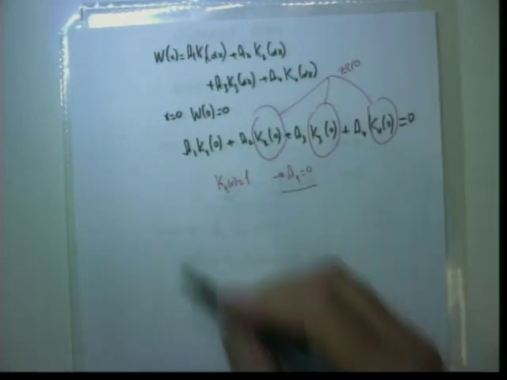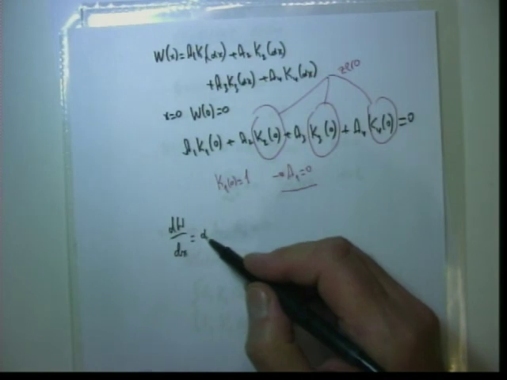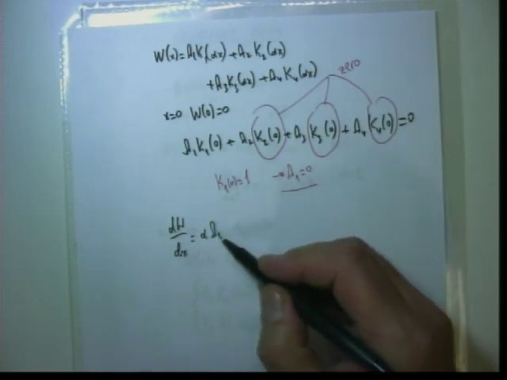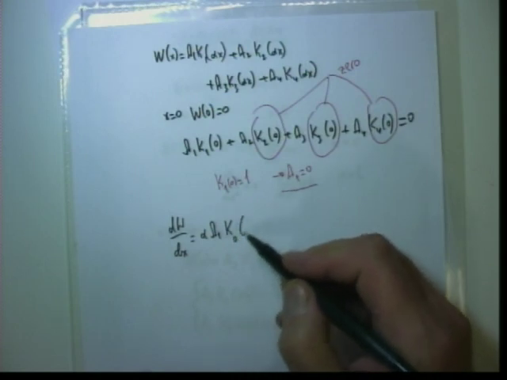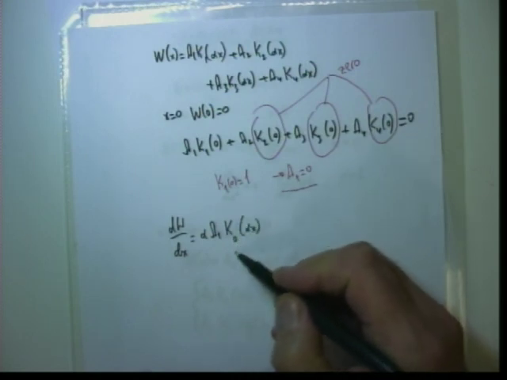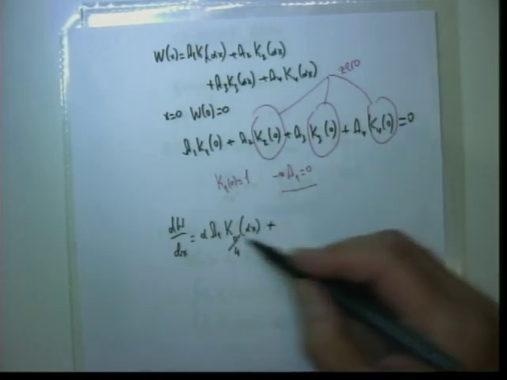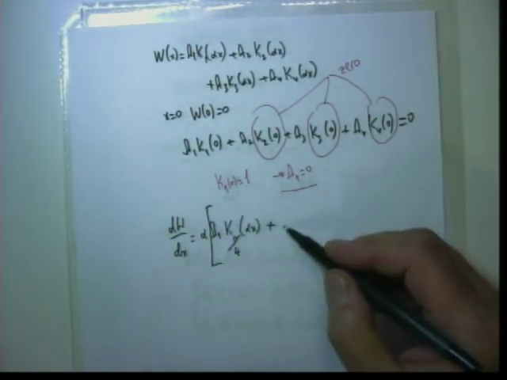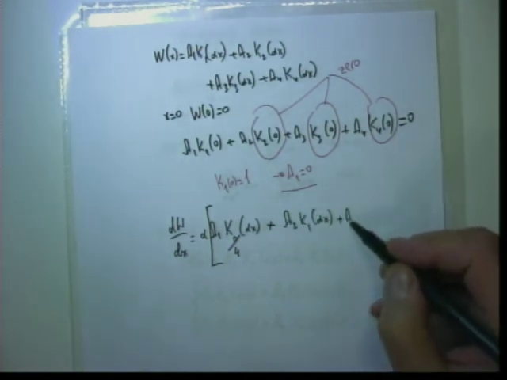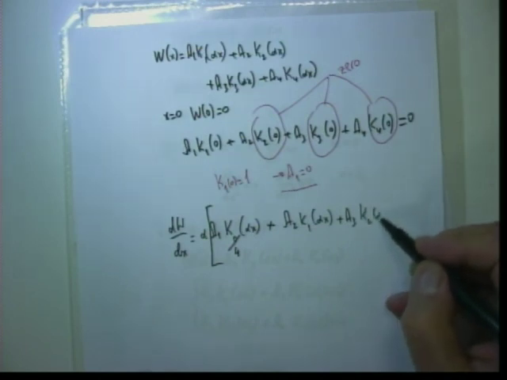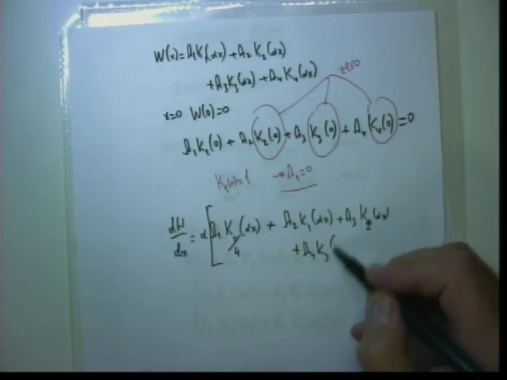Then we have dW/dx. This equals alpha times A1 K0 alpha x, but K0 equals K4. So this is alpha times A1 K4 alpha x plus A2 K1 alpha x plus A3 K2 alpha x plus A4 K3 alpha x.